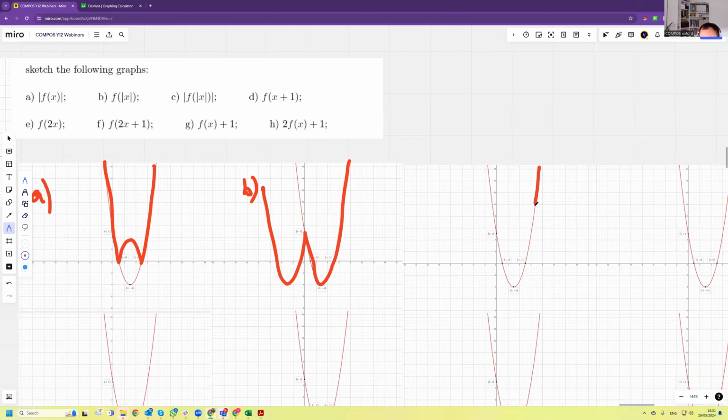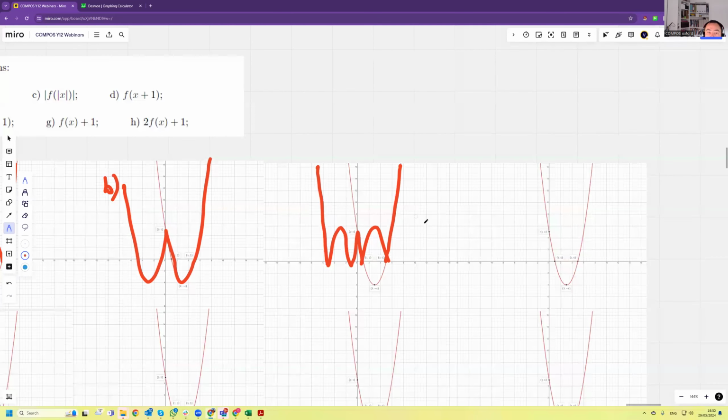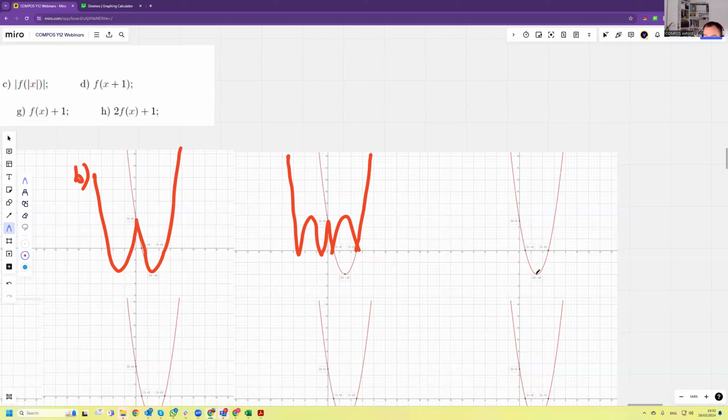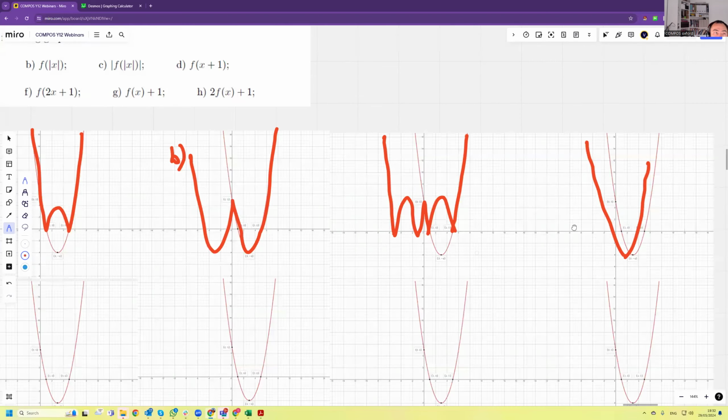So first you do this, and then you do it like this. Okay. And f of x plus 1, that's simply shift to the left. So that's like this. Easy.